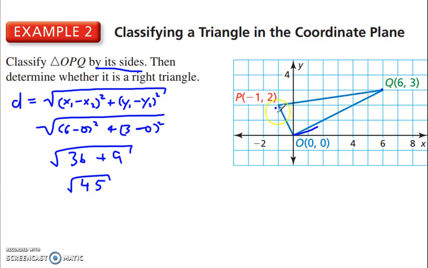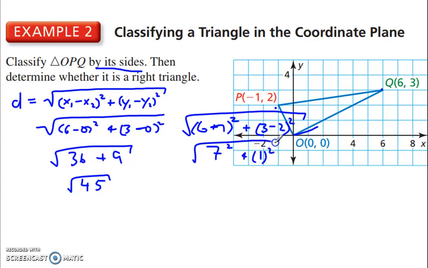Here we have 6 minus negative 1, so 6 plus 1 squared plus 3 minus 2 squared, that's 7 squared plus, we can already tell it's not the same, 1 squared.